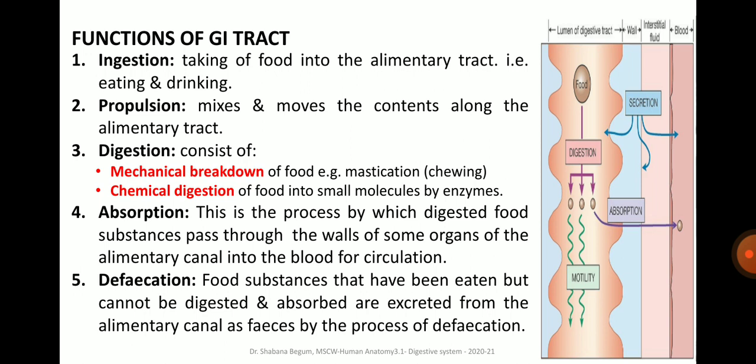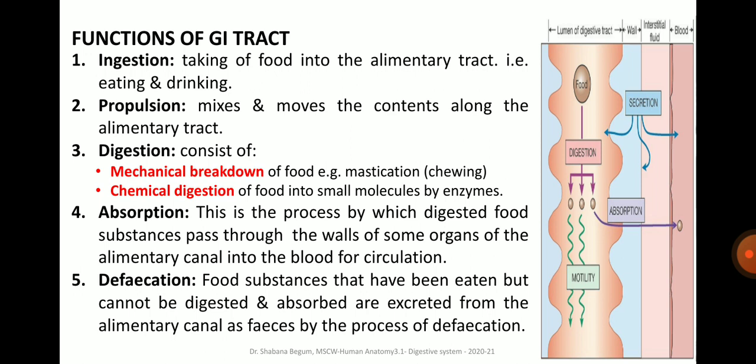So it mixes and moves the contents along the alimentary tract. Digestion consists of mechanical breakdown of food, example mastication, also called as chewing, and chemical digestion of food into small molecules by enzymes.